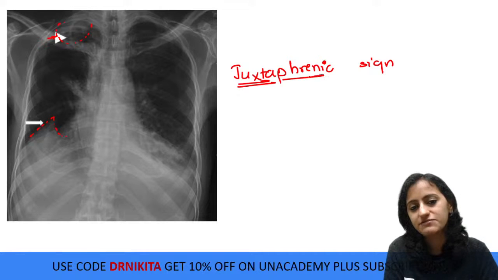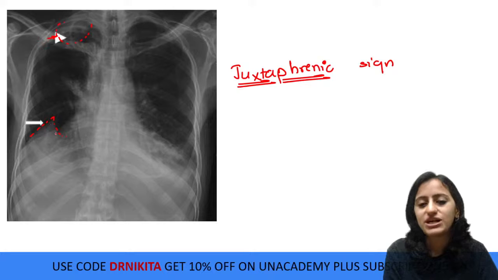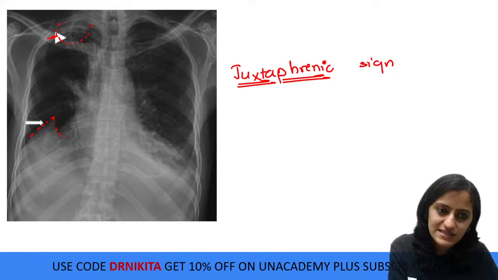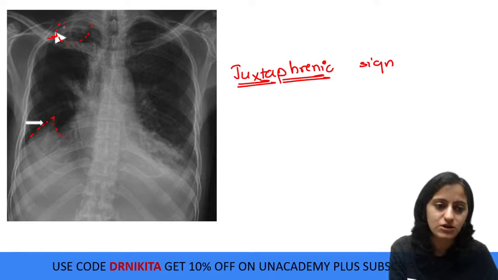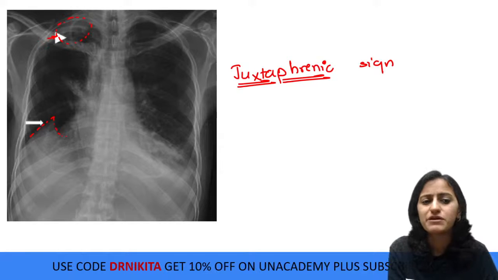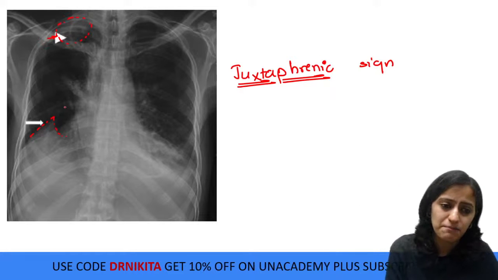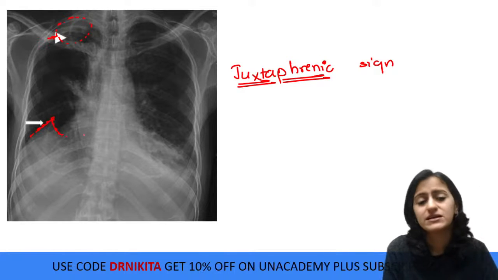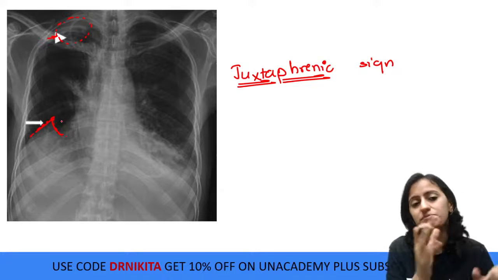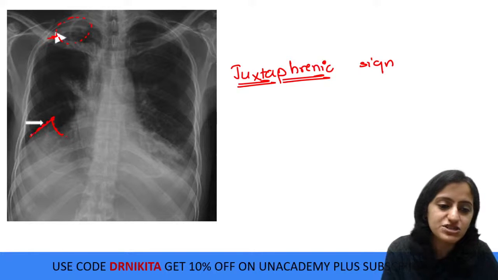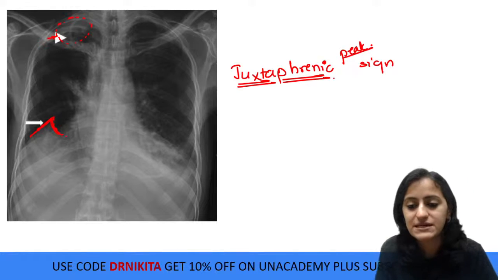Juxta means adjacent, phrenic means diaphragm. So adjacent to the diaphragm, that is your juxtaphrenic sign. And this is basically in a patient of tuberculosis, where we see fibrosis in the upper zone, and that collapse is causing the pull here. Basically it is because of the inferior accessory fissure which gets distorted because of the collapse, and it gives the juxtaphrenic sign or the juxtaphrenic peak sign.